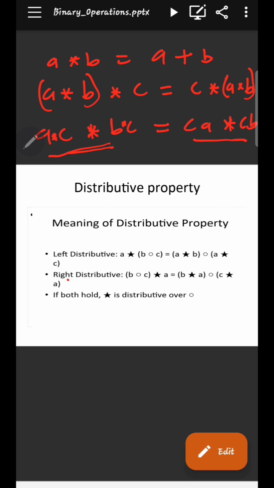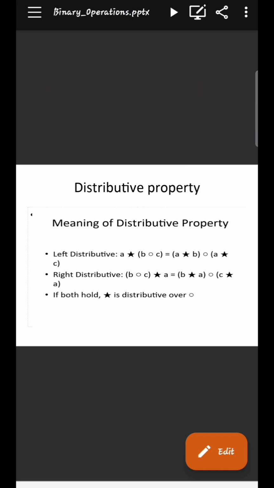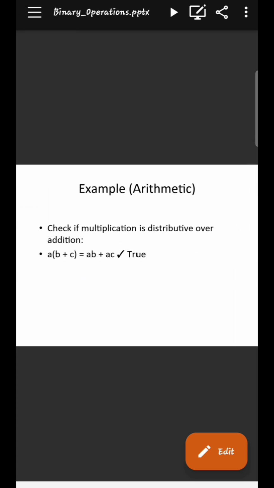So we are going to solve some examples on distributive, and also on the others that we have treated: closure, identity, commutative, associative, and distributive. Now, let's move to the next slide. Look at this example.